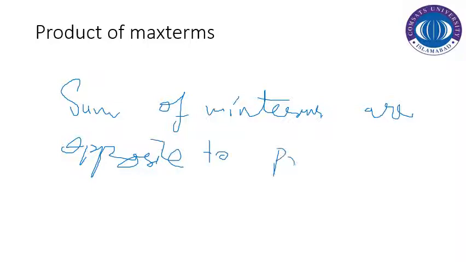So you've got both options. Either you can represent it in sum of min terms format, or you can use the product of max terms format. Whichever format seems convenient to you, you can follow that notation to represent your Boolean function.